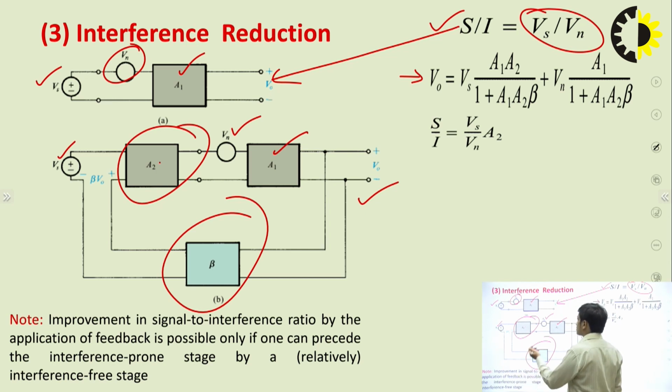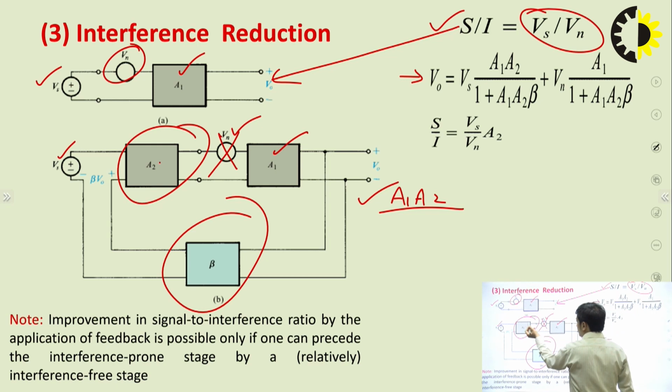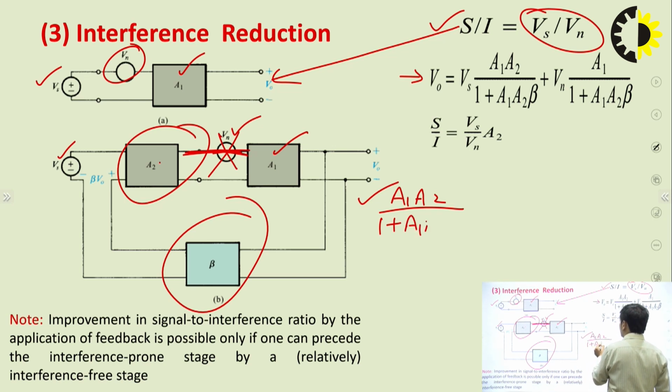In case 1, suppose we remove this Vn and just connect Vs here. What will be the output voltage of this circuit? It will be A1 A2, since Vn is removed, meaning it is short circuited, then A1 and A2 are in cascade, so A1 A2 upon 1 plus A1 A2 beta.